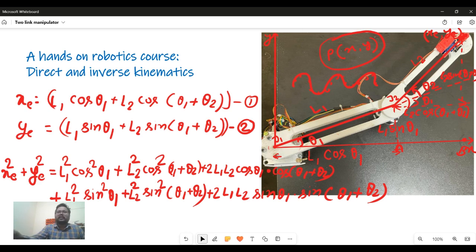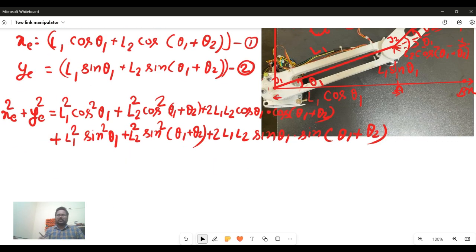Now by summing this complete right hand expression, you will find L1 square plus L2 square plus 2 L1 L2, and you can see why the other terms disappear, because taking L1 square common, we get cos square theta 1 plus sin square theta 1, which is sin square theta plus cos square theta, so this will be 1.